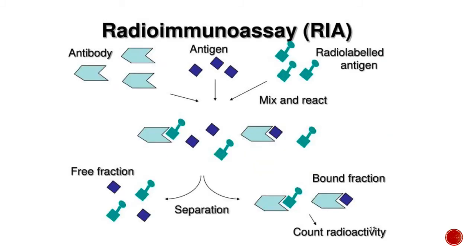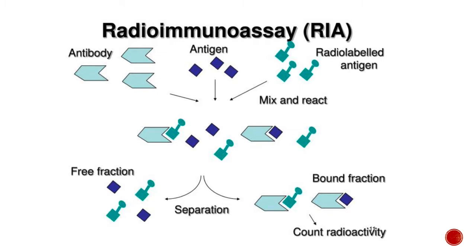What is radioimmunoassay, RIA? Here you use the antibody and antigen along with the radio-labeled antigen. There will be competition between the radio-labeled antigen and the antigen to bind with the antibody.